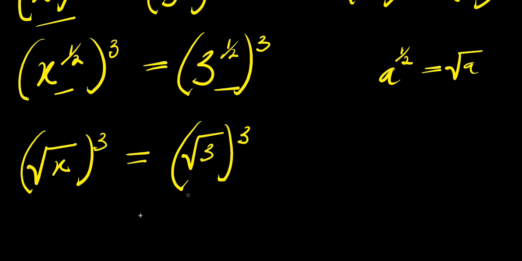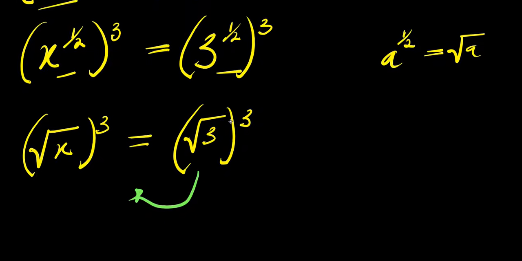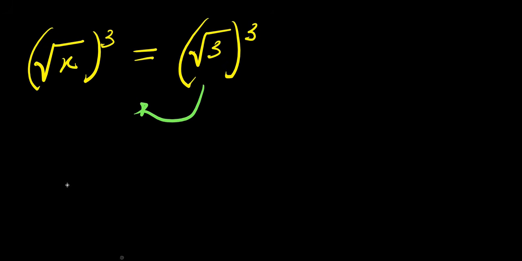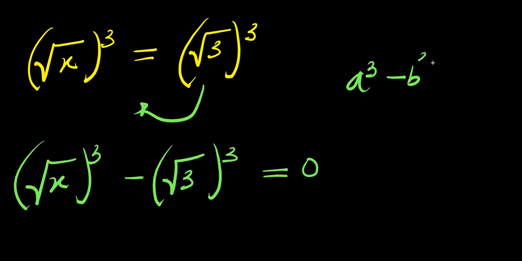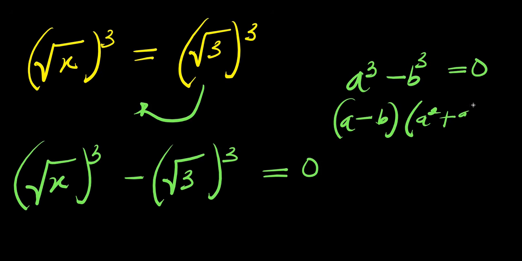So I can decide to move this over here to form a cubic equation. That means I will have (square root of x)^3 minus (square root of 3)^3 equals 0. So right now, this is a^3 minus b^3 equals 0, and this is a minus b times (a^2 plus ab plus b^2).